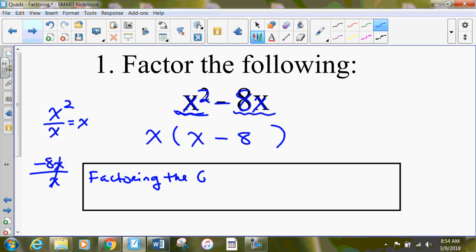Okay, what's the GCF? The greatest common factor. X is the biggest factor that I could pull out from both x squared and negative 8x. So when we factor the GCF out, what we're really doing is undistributing.